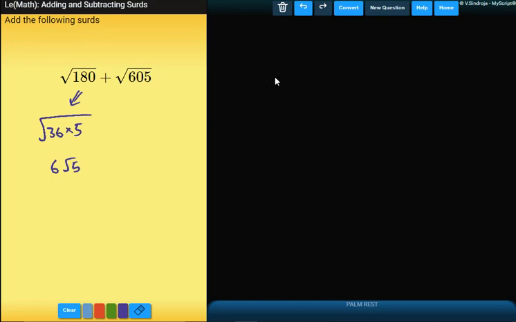So this one is 6 root 5 simplified, and the other was 11 root 5 simplified. Now they both have a root 5 in them, so 6 root 5 adding 11 root 5 gives 17 root 5.